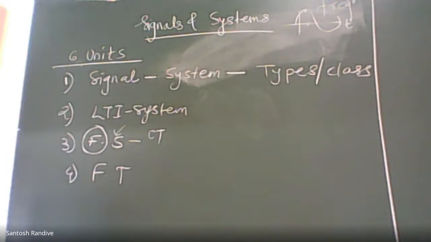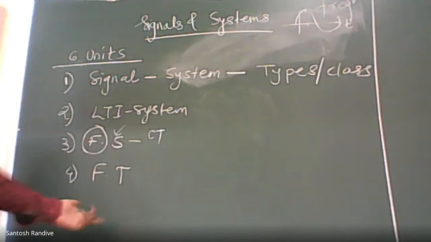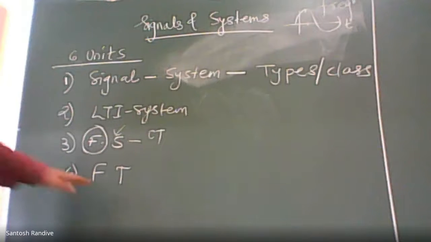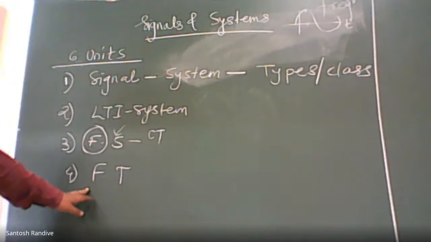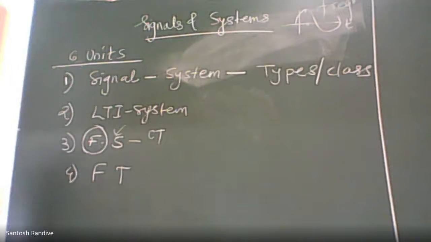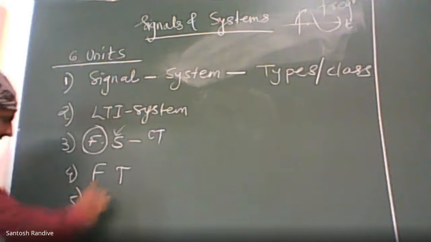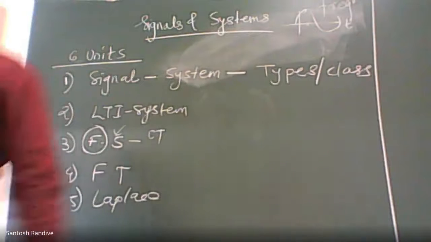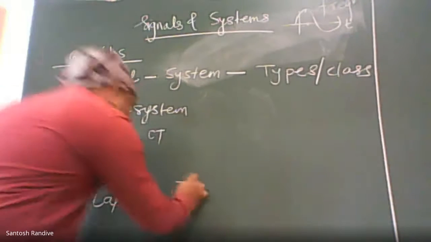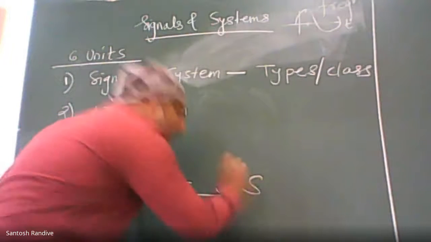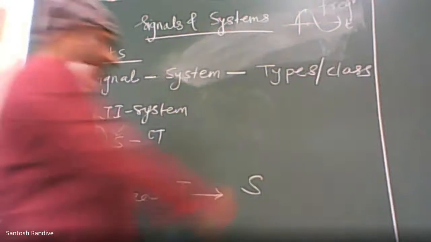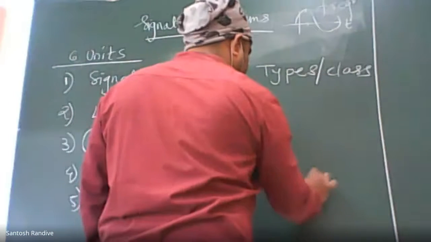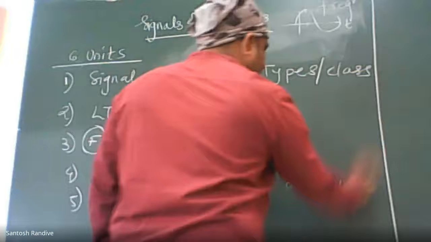But whenever it is a CT signal, we go for series, and when it is a DT signal, we go for transform. So the fourth unit will be Fourier transform. Fifth will be Laplace transform. In this Laplace, we go with the S domain signal.